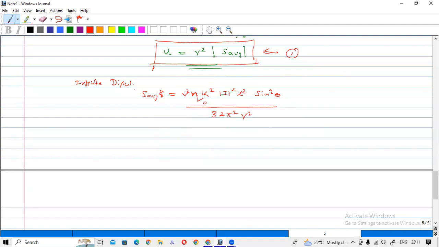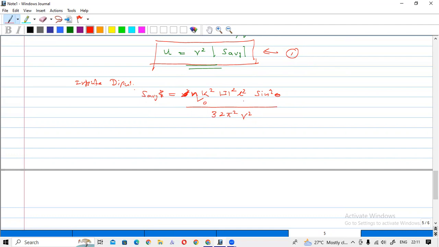The r is not here in the numerator, so it is eta k square |I|^2 L^2 sine square theta over 32 pi square r square.